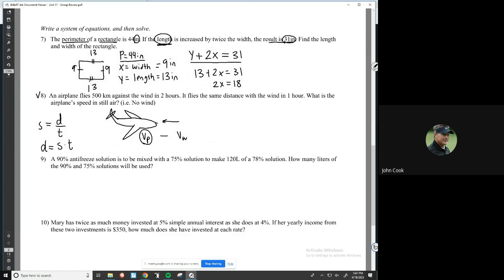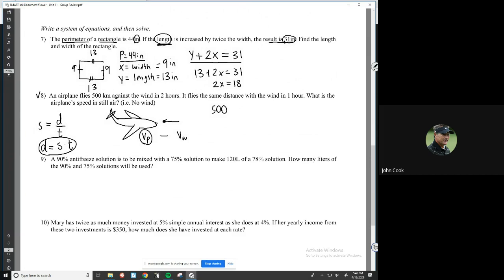Each of these speeds or velocities that I have here, I'm going to replace with the distance that they're going to travel. So here's how it's going to go. The total distance traveled is 500 kilometers either way. And that 500 is, from this formula right over here, the net speed, either adding or subtracting, times the net amount of time, so the total amount of time that the plane's in the air.